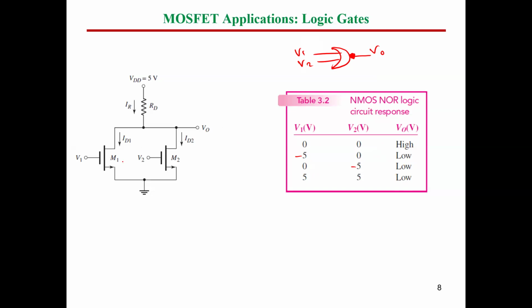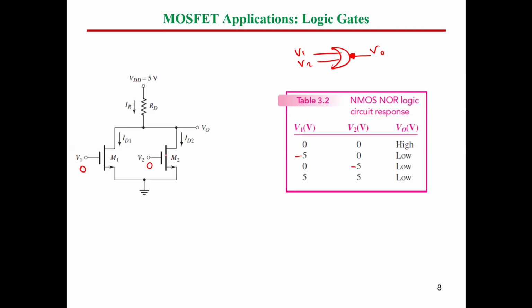How can you do that with MOSFETs? Simply, if you have this parallel MOSFET configuration, and you apply 0 volts here and 0 volts here, the output will not see the ground because it's an open circuit.